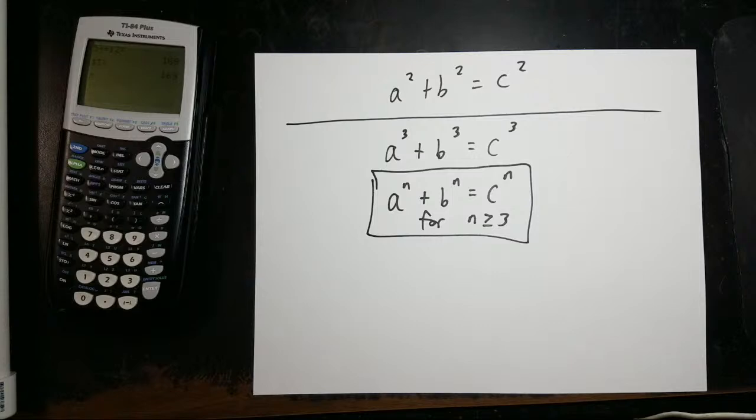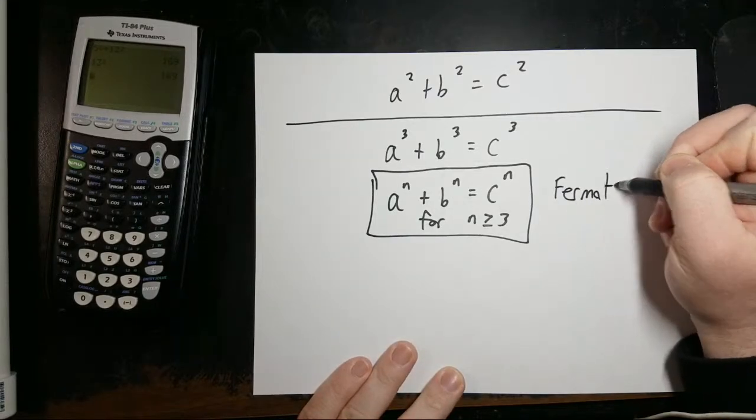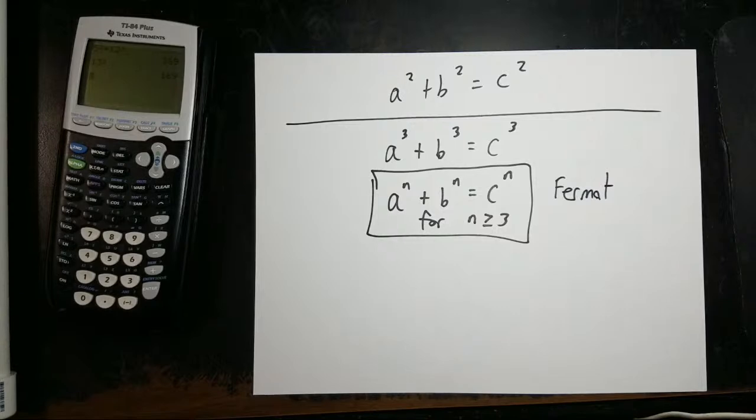There was a mathematician named Fermat, and he saw this question in a mathematical textbook, and he wrote in the margins of that textbook that he had a solution, but the solution was too large to fit in the margins of this book.